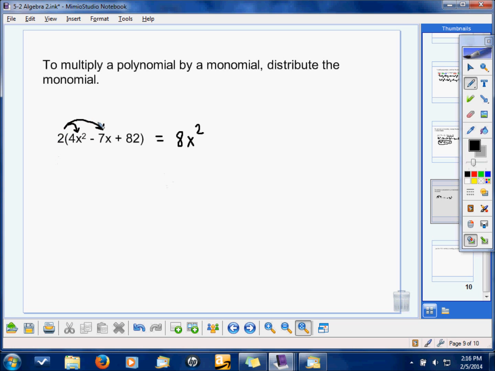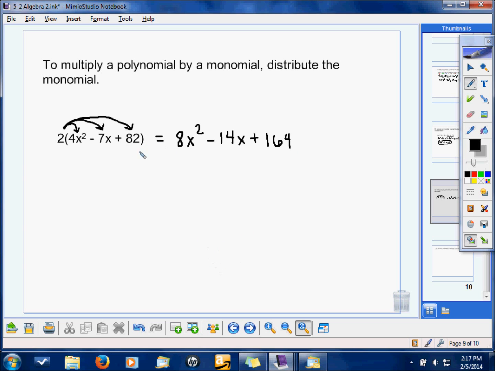Then you take 2 times negative 7x, and you get negative 14x. And then you take 2 times 82, which is 164. You guys said it was hard, some of you, but it's not. That was a pretty easy one.